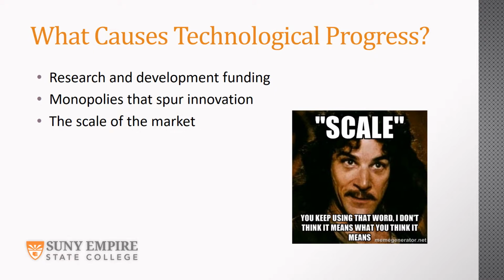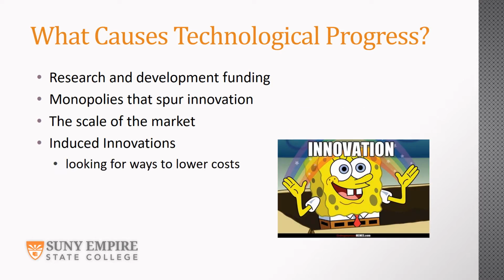More companies competing in a market means more companies trying to determine the best methods for production. This leads directly to technological progress. Similarly, companies try to find some competitive advantage. One way to do so is to be able to produce at a lower cost.